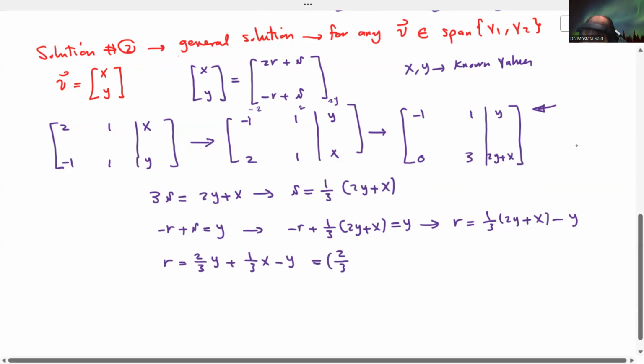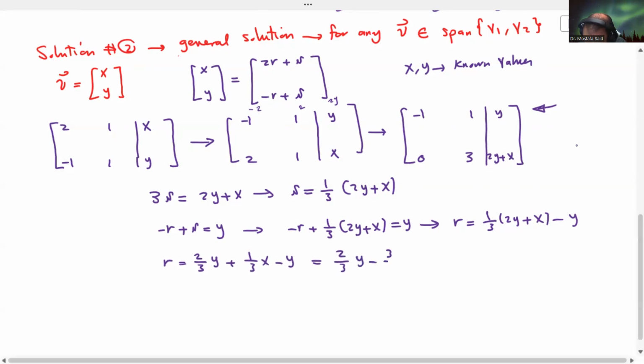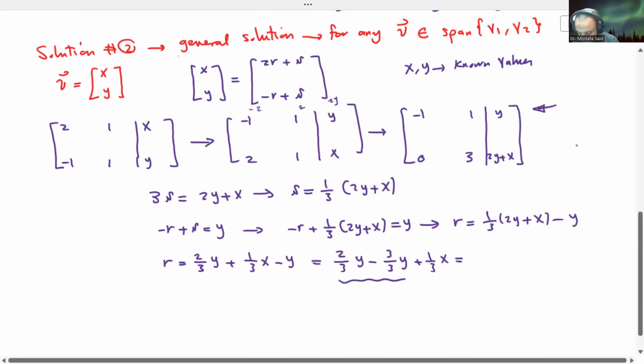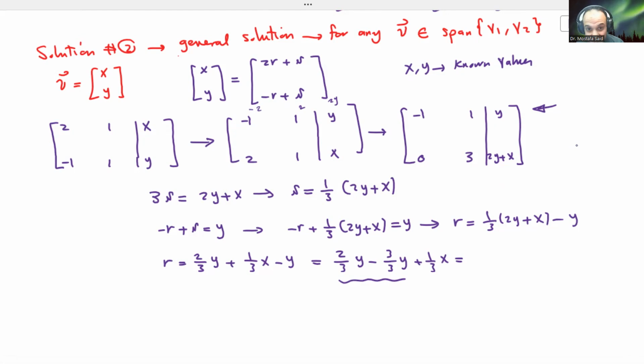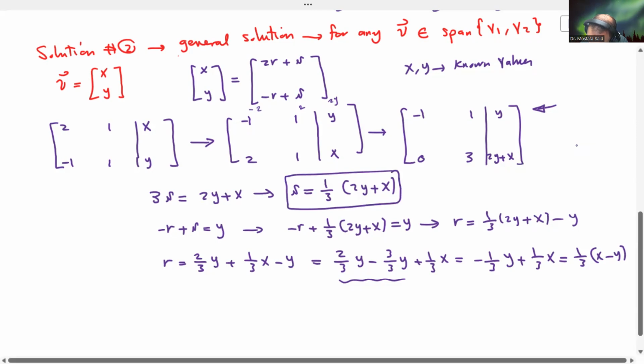So 2/3 y minus 3/3 y, which is 1, plus 1/3 x equal to 2/3 minus 3/3, which will be basically minus 1/3. So minus 1/3 y plus 1/3 x. Take 1/3 as a common factor, x minus y. So this is s. At the end here, r equals 1/3 (x minus y).